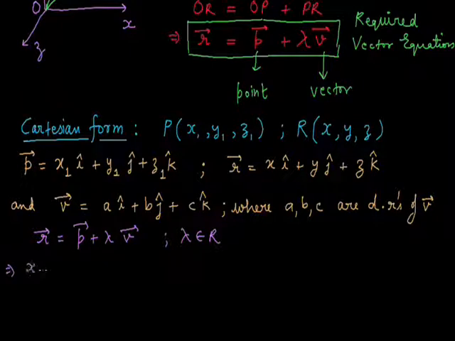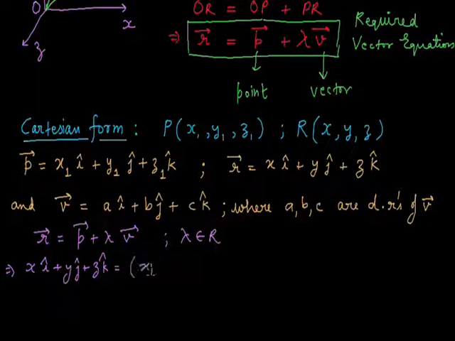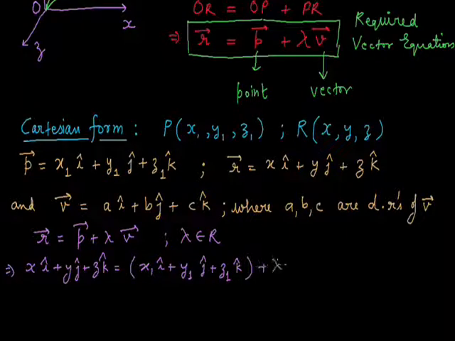So you will get x i cap plus y j cap plus z k cap equals x1 i cap plus y1 j cap plus z1 k cap plus lambda times V vector, that is a i cap plus b j cap plus c k cap.